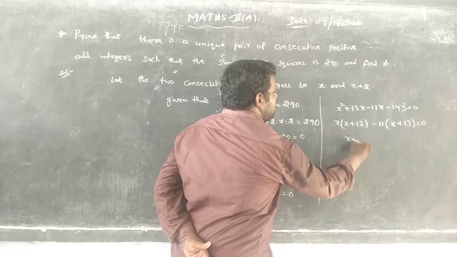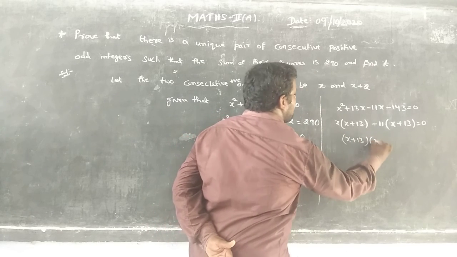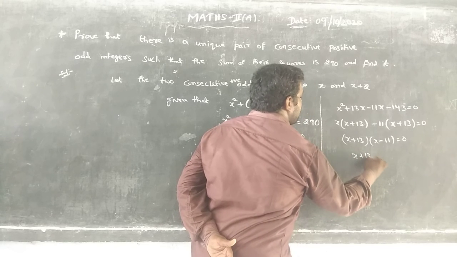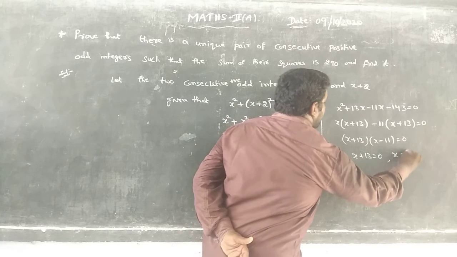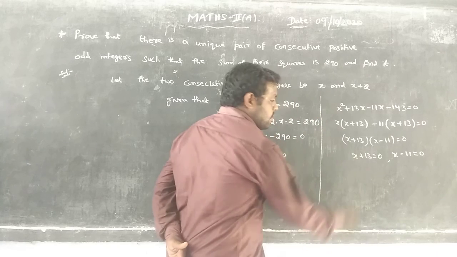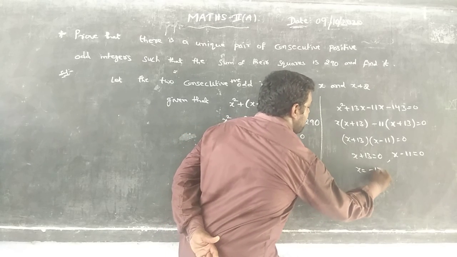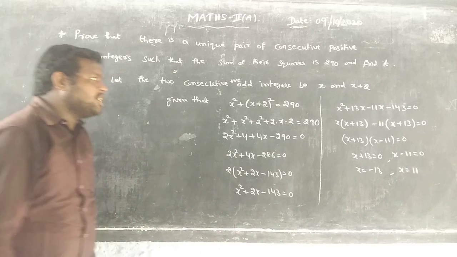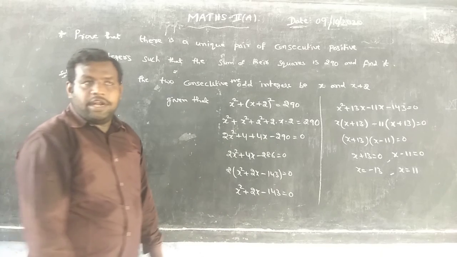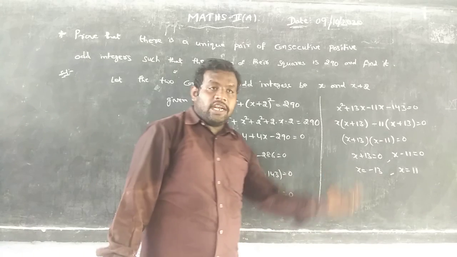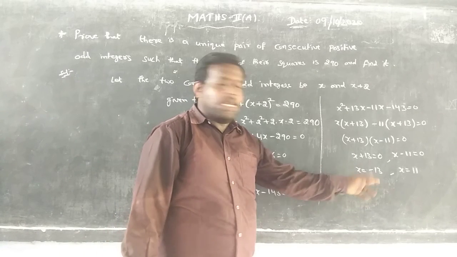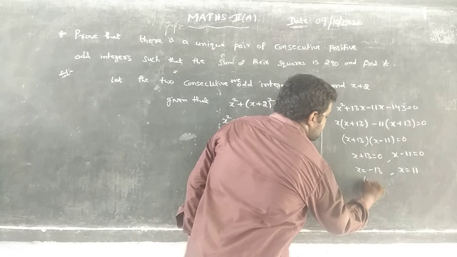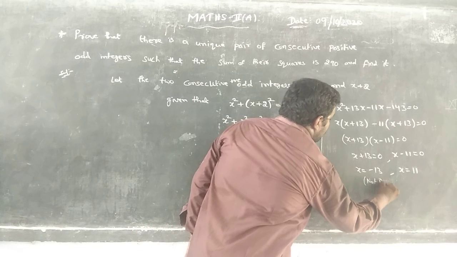So (x plus 13) into (x minus 11) is equal to 0. So x is equal to minus 13, x is equal to plus 11. But x and x plus 2 are both positive odd integers, so we can take only the positive number. So x is equal to 11. x equal to minus 13 is not possible.